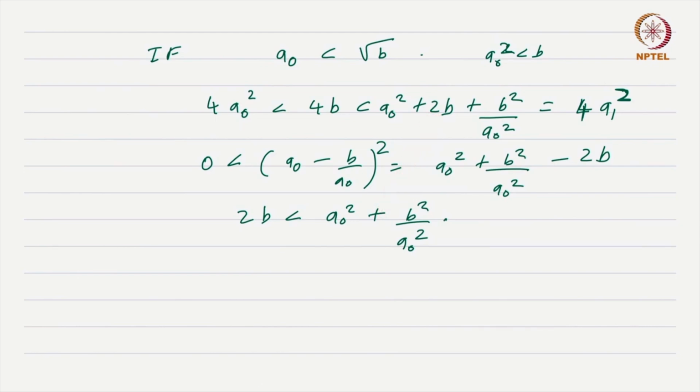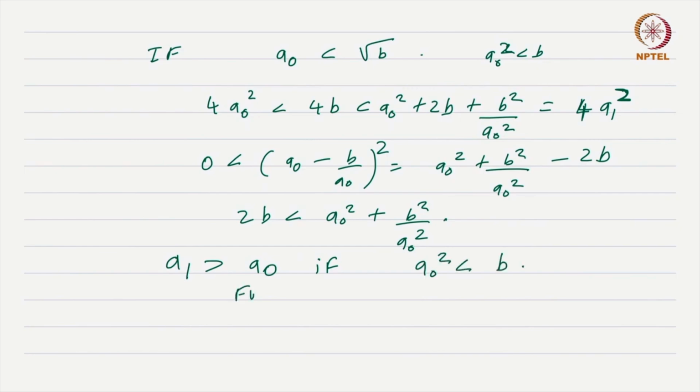Okay, so to put this in more concrete terms, what happens is a1 will be greater than a naught if a naught squared is less than b.